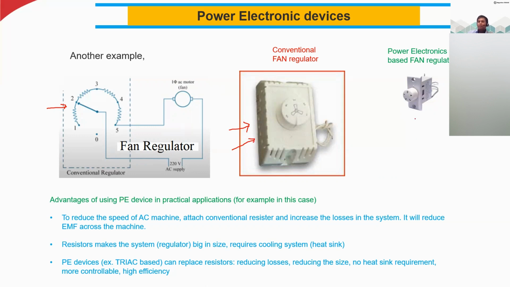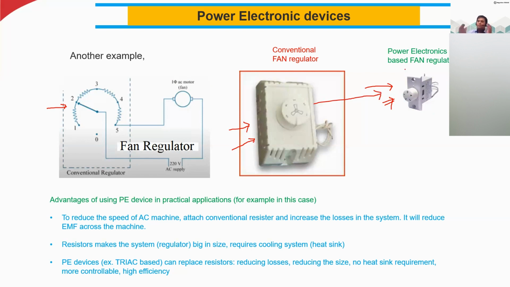But nowadays, we are using this kind of power electronics based fan regulator. You see how nice the regulator is. The same function, but the size is much smaller, maybe 10 times smaller than this regulator. That is the beauty of power electronics.